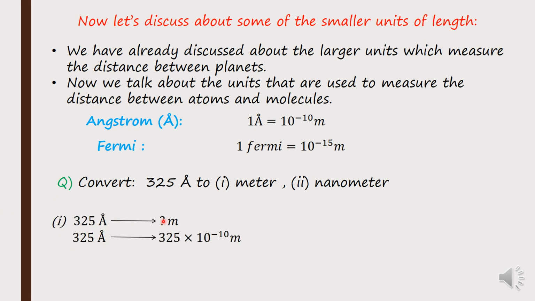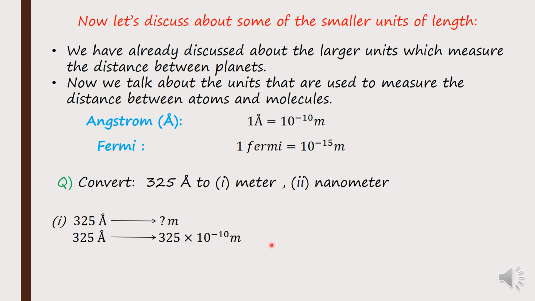We need to see how much it gets converted when we convert it into meters. Because 1 Angstrom is equal to 10 to the power of minus 10 meters, 325 Angstroms can be written as 325 into 10 to the power of minus 10 meters.